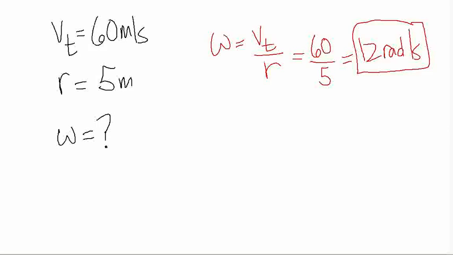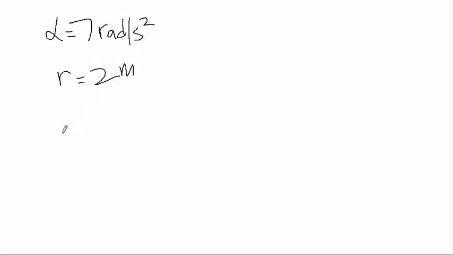All right, so let me do an example with a sub t, and then I'll have you do one last example. So suppose an object was moving in a circle with an angular acceleration of 7 radians per second squared, and suppose the circle had a radius of 2 meters.